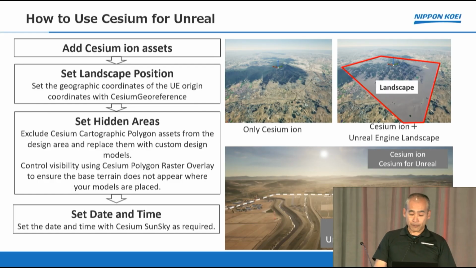To do that, we define an exclusion zone using Cesium Cartographic Polygons, and then apply it to a Cesium Polygon Raster Overlay. Finally, we set the existing structure and the time of day using Cesium Sun Sky. That is just a few simple steps.